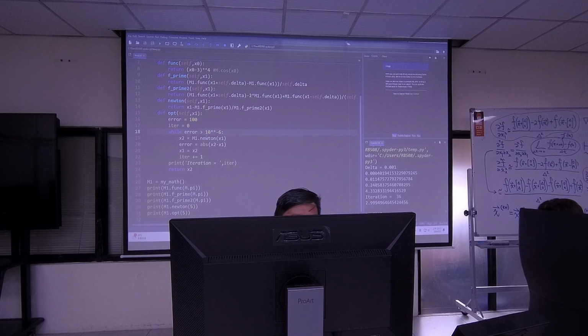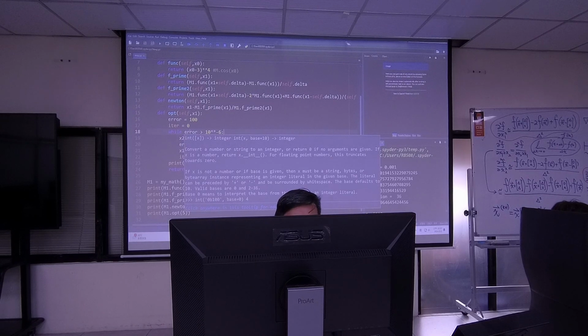Inside the while loop, when do we run the loop? When the error is large, we will run the loop. It won't stop until the error is small enough. How small is small? I'm choosing 10 to the power of negative 6. So I want this error to be very small, then you can stop.